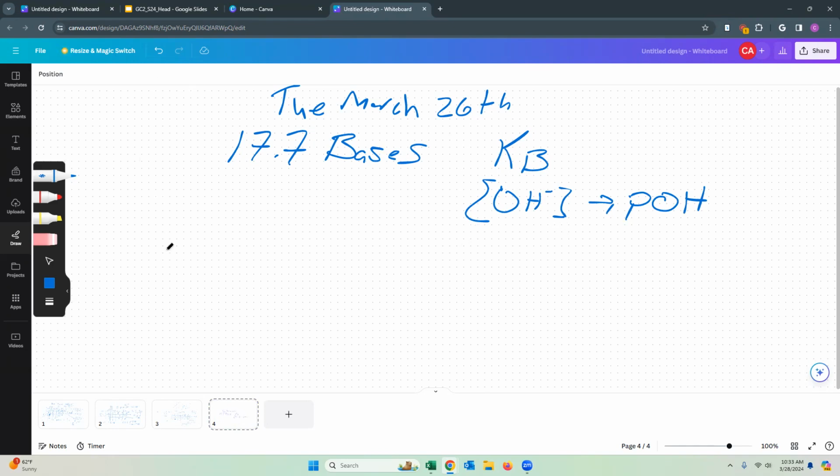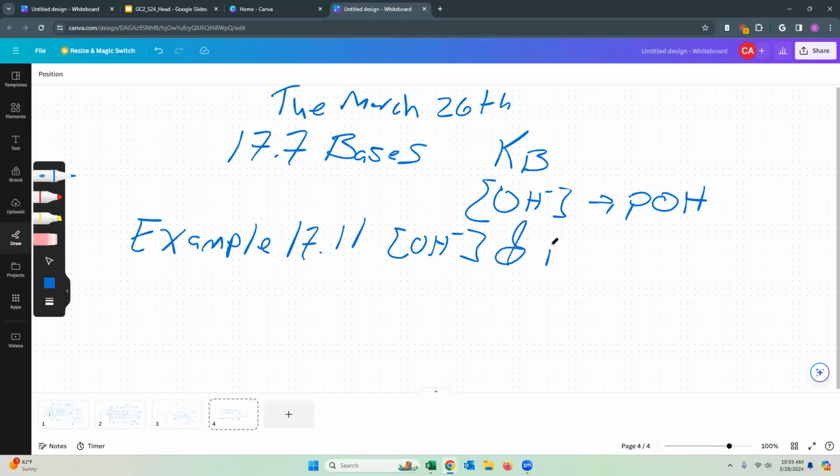So from your book and on the slide, I have example 17.11, which is what is the OH minus concentration and pH of a strong base?